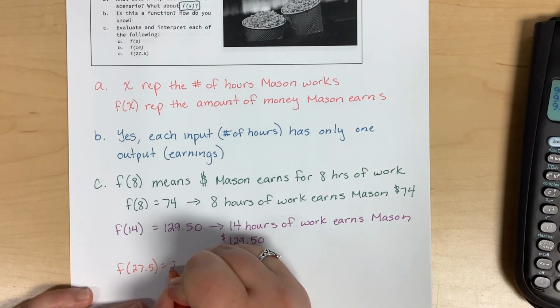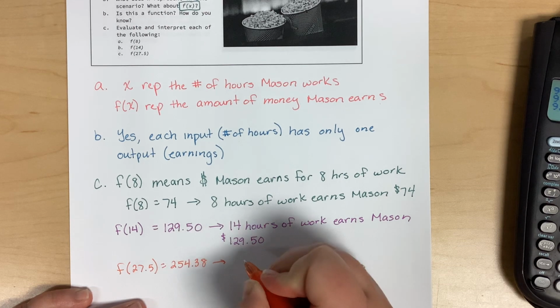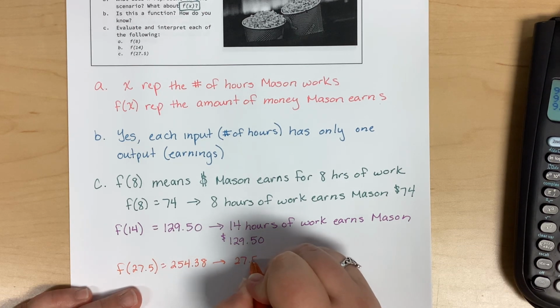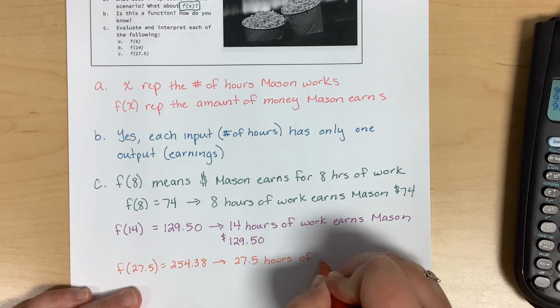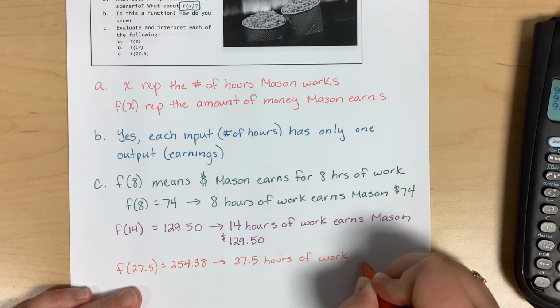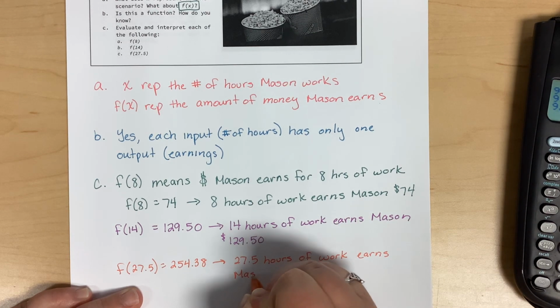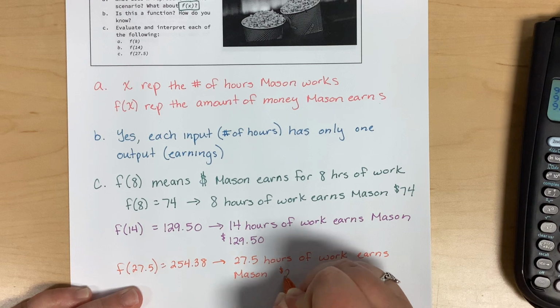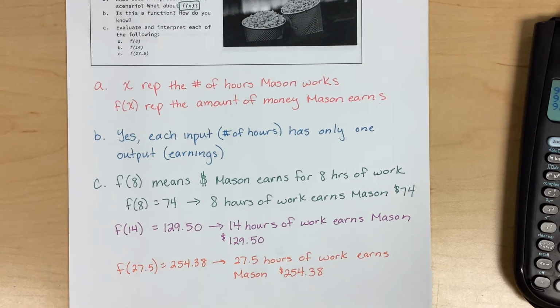So this is 254.38. So that means 27.5 hours of work earns Mason $254.38.